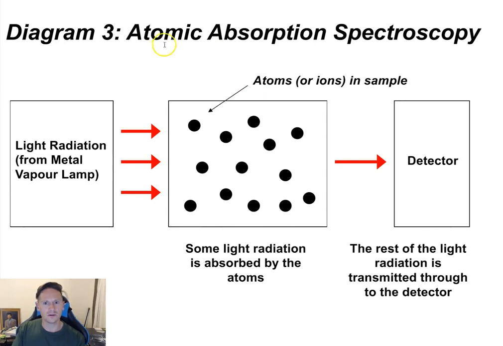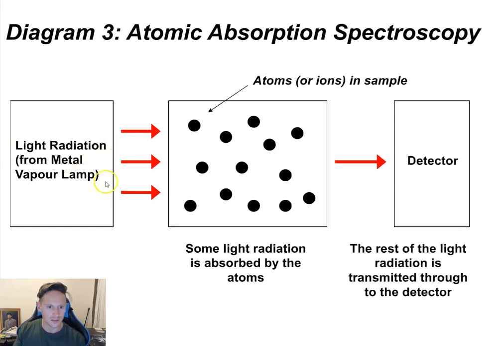This third diagram is looking at atomic absorption spectroscopy, which is what this technique is focused on. So previously we were talking about light being emitted. In this case, we're talking about light being absorbed. Here we've got our metal vapor lamp, and it's releasing light of a radiation that is unique to atoms in the sample.